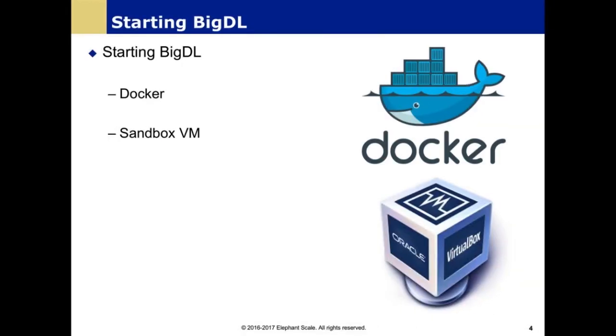Okay, so now we're going to discuss how to run the elephant scale Sandbox VM. Now we've already talked about Docker, but for some, Docker may not be the most appropriate option because those running on some platforms, for example on the Windows platform, may find that their version of Windows does not support Docker.